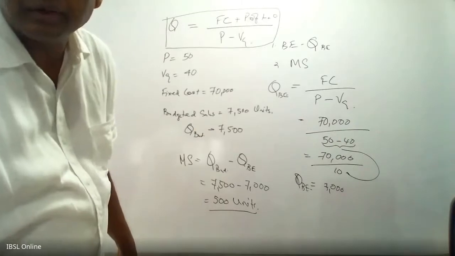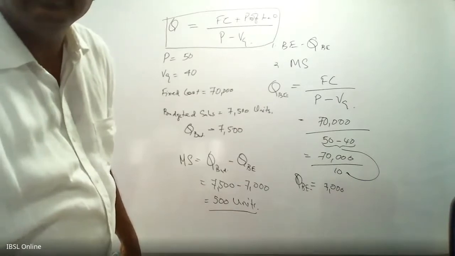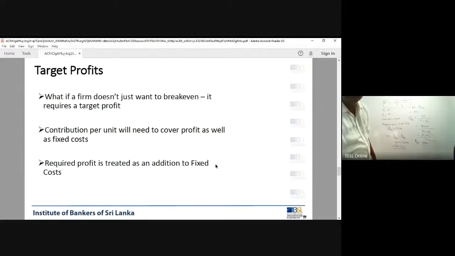Now we will go to the second question. This is it. Right. Target profit. Now we talk about target profit. That means we were earlier talking zero profit. Now we say we want to target a profit. I want 10,000 rupees profit.